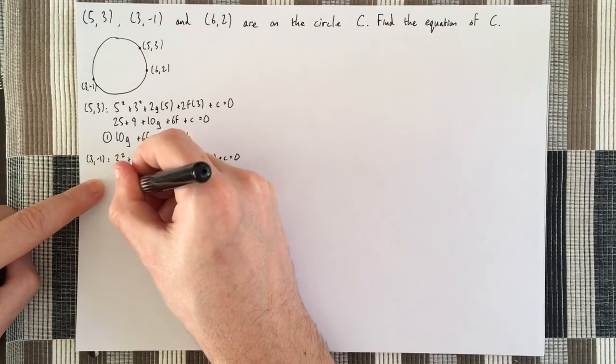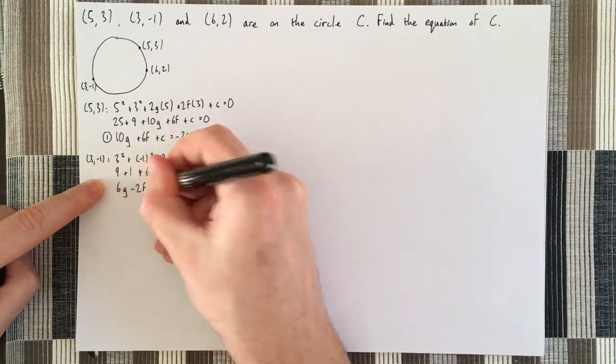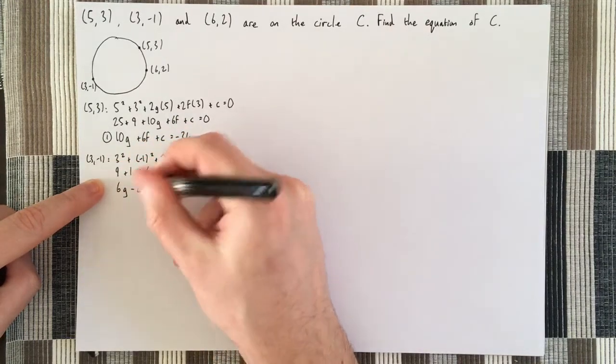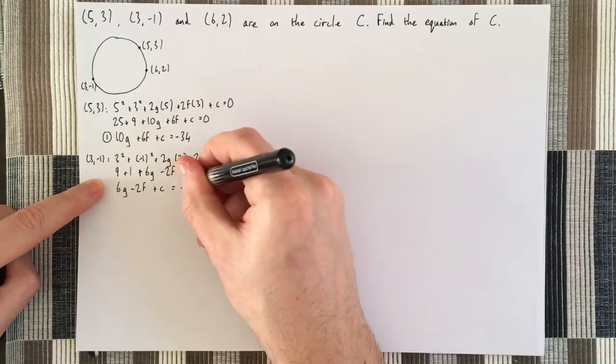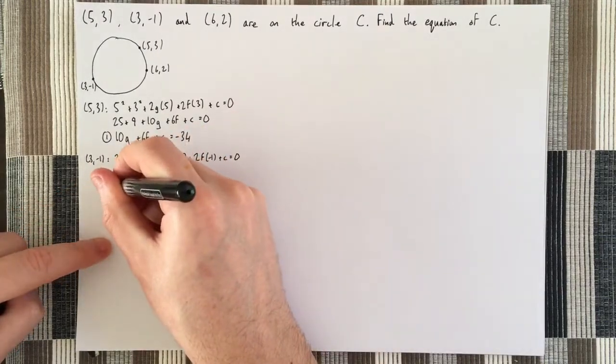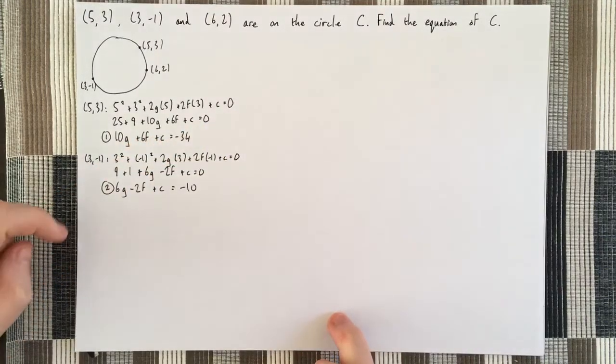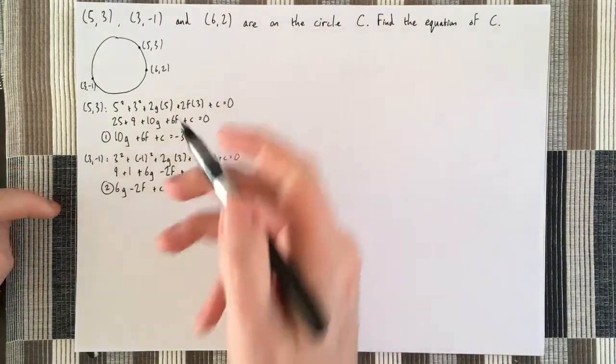So 6g minus 2f plus c is equal to minus 10. So that's equation 2.